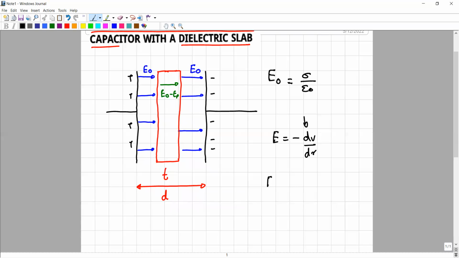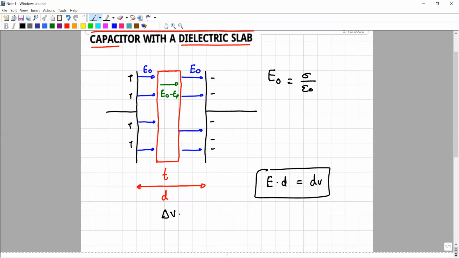That means if we do electric field times the distance between the 2 points, we can find the potential difference between the 2 points. So we are going to use this concept to find the potential difference between the plates. We want to find the potential difference between this and this plate, and we are going to find it by using this concept, E dot d.